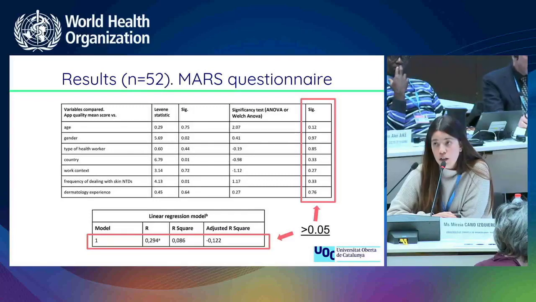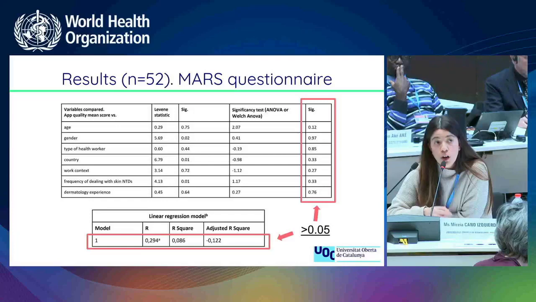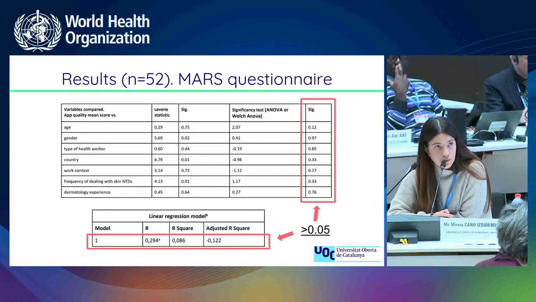That means we cannot predict how they are going to score the app, regardless of any variable.